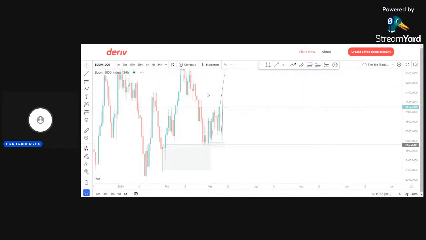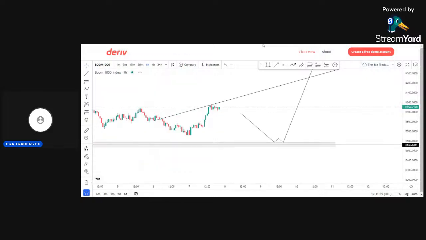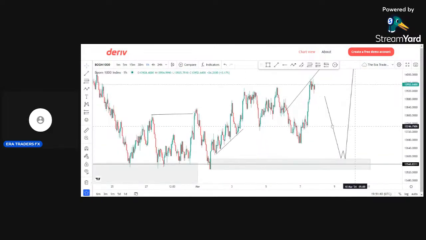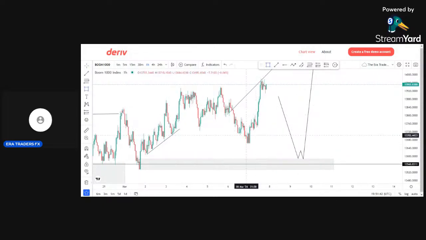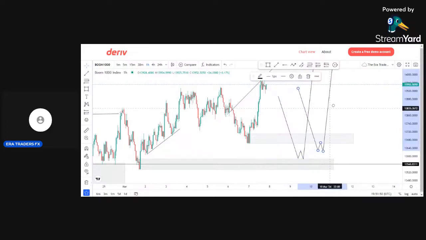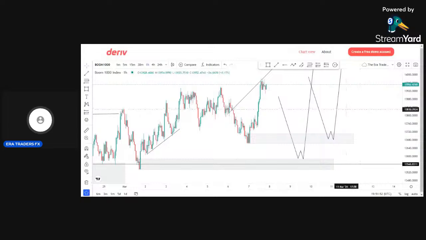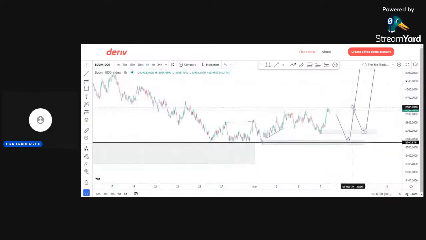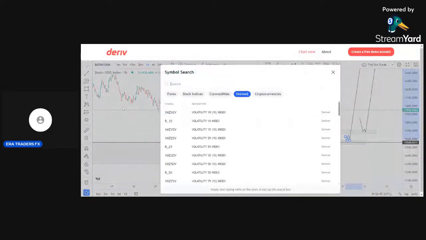So price might not get there. Another zone you should be looking out for is this zone. So we have two zones, right, that you should look out for. But overall we're looking at price going bullish.